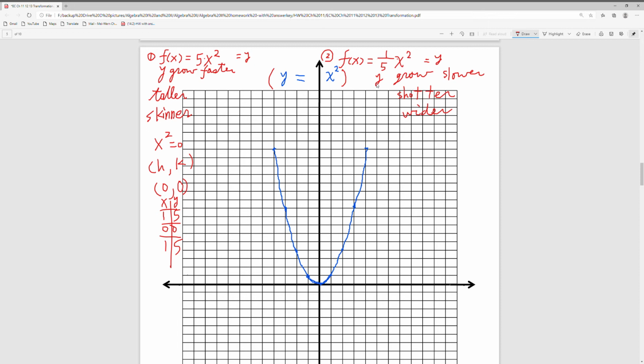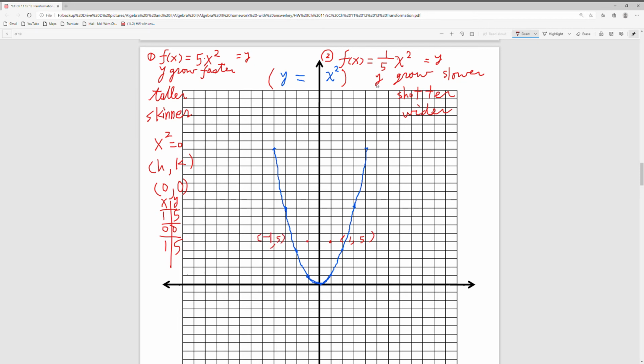Previously we had 1, 1. Right now you have 1, 5. Sorry, today my voice is not that good. Negative 1, 5.